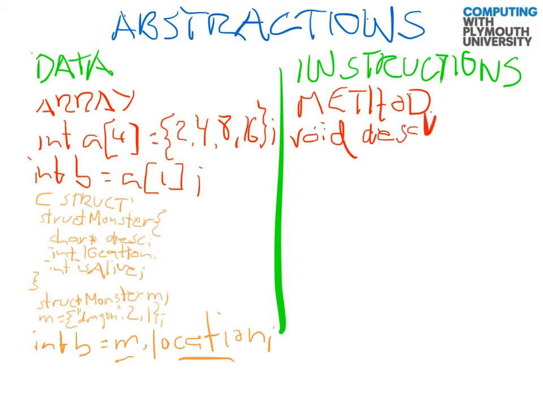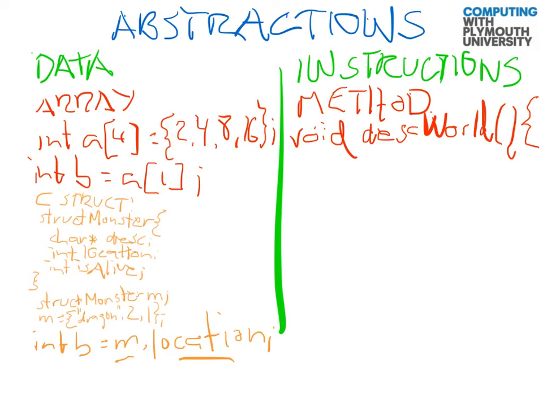This one is going to be called descWorld, for describe world. It's not going to take any parameters, so I'm going to have an open set of round brackets and then an open curly bracket to get ready for taking the instructions that we are going to group together with this method.